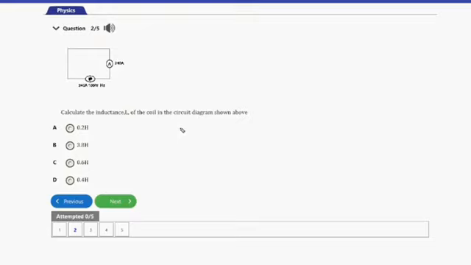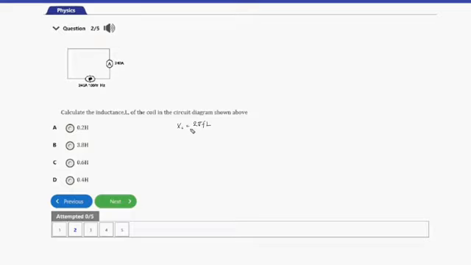From this we can state that the reactance XL is equal to 2 pi FL. So already we know this equation. First of all, we don't have the reactance from here, and we don't also have the inductance L from here. So first of all, we are going to look for the reactance, which is XL here.